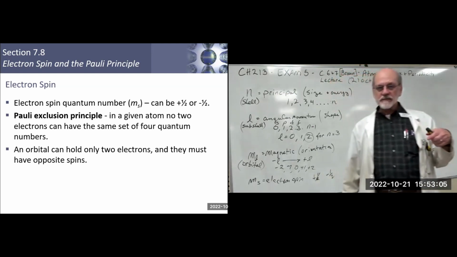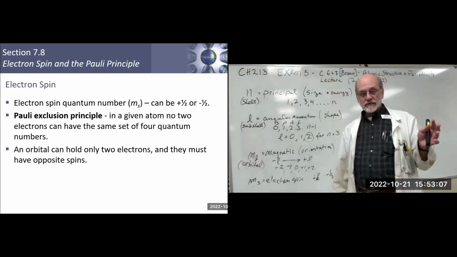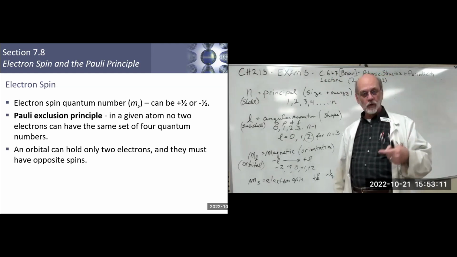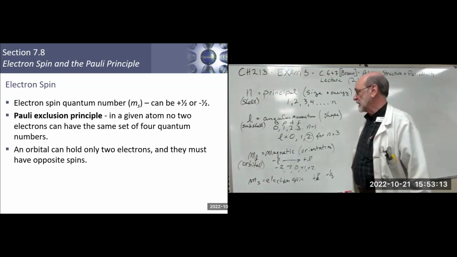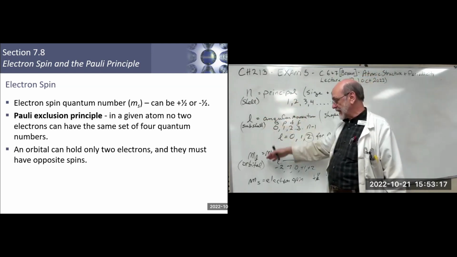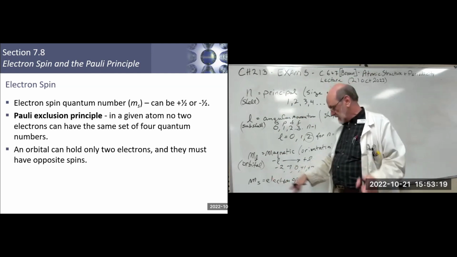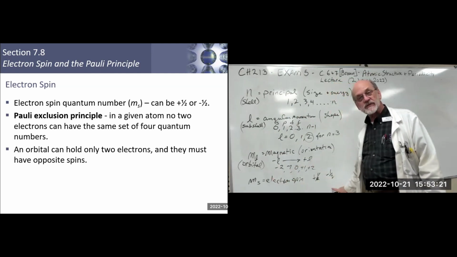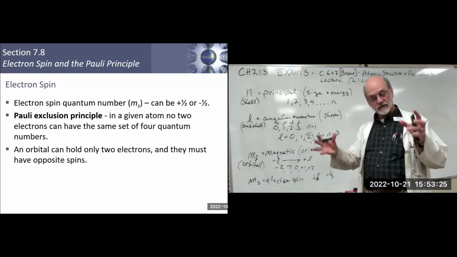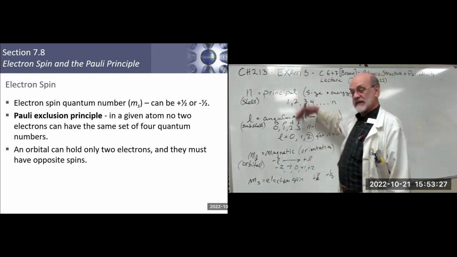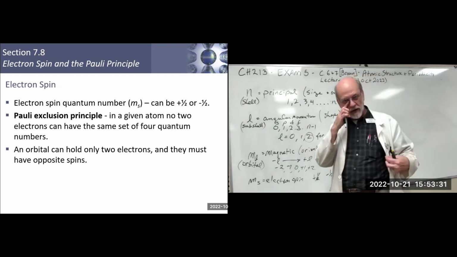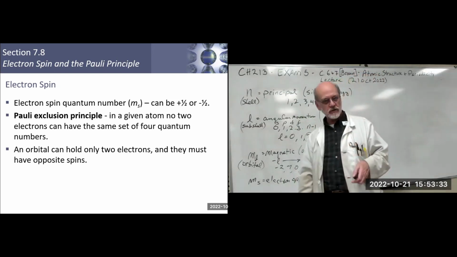What he said was, in any given atom, no 2 electrons can have the same set of 4 quantum numbers. They can have the same n number, they can have the same L, M sub L. If they do, then they have to have different spins. They could have any other combination, but they cannot have the same set of 4 quantum numbers. That's the Pauli exclusion principle.